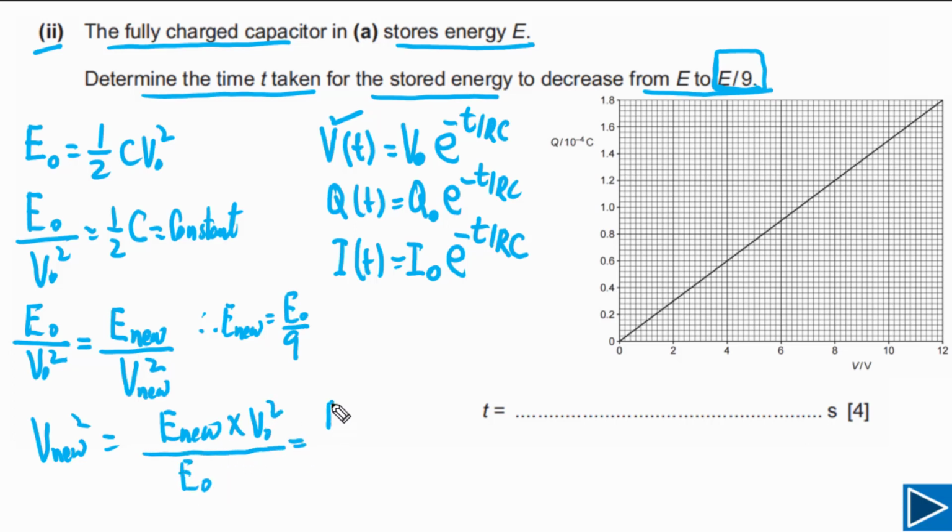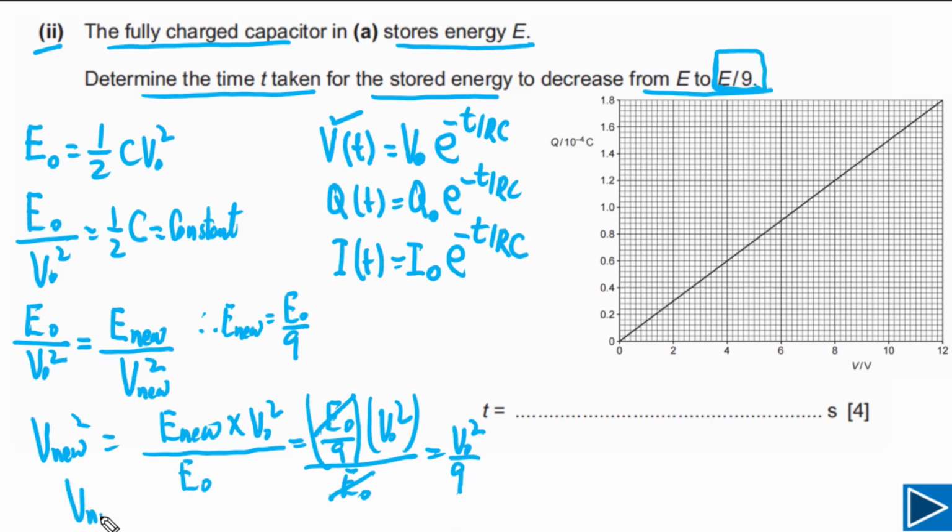E new is E naught by 9, so this is the value of E new, and we have V naught squared, and this is divided by E naught. Now from here you can see we can cancel E with E, so we are left with V naught squared divided by 9. Simply we can say V new, if we take the square root on both sides, is V naught by 3, and that is the value of V new.